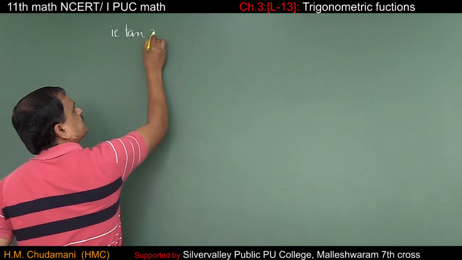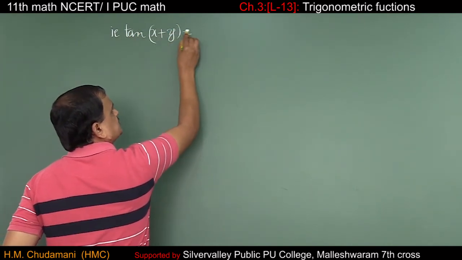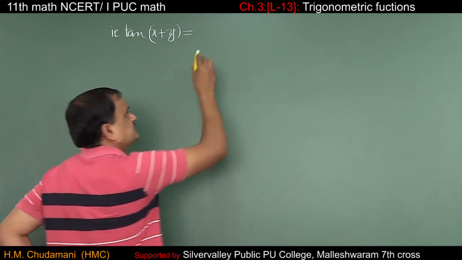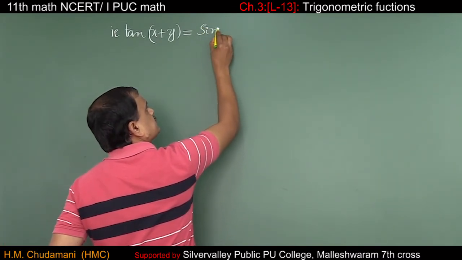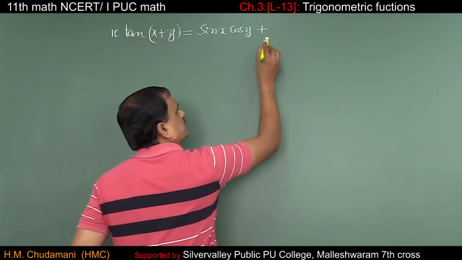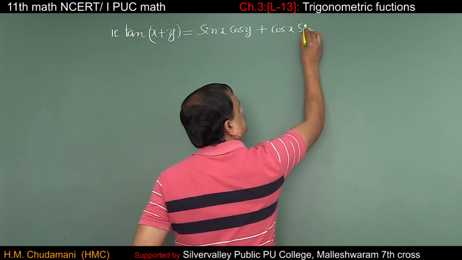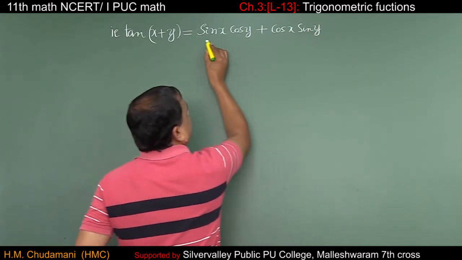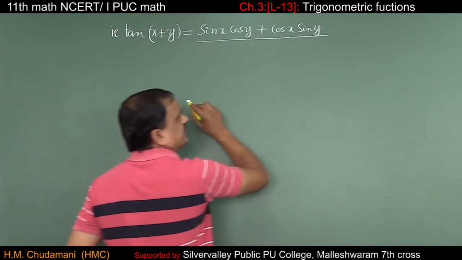So tan of x plus y is equal to sin of x plus y divided by cos of x plus y. What is sin of x plus y? Sin x cos y plus cos x sin y.